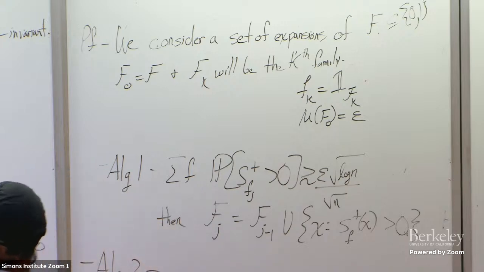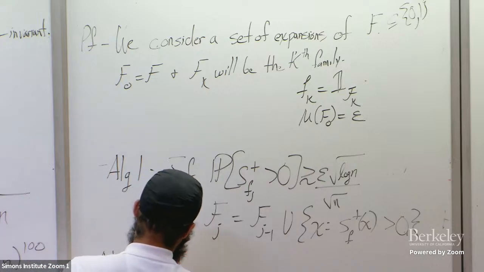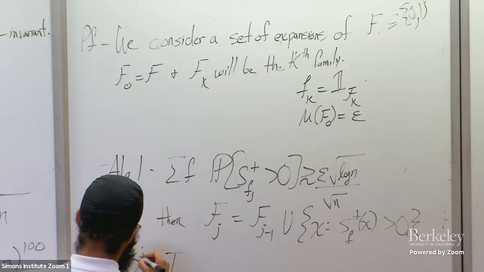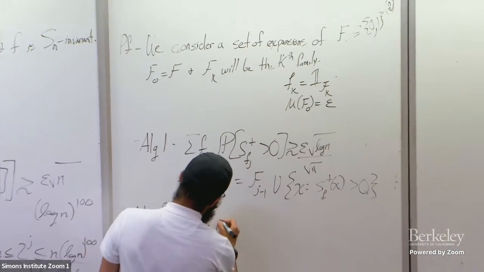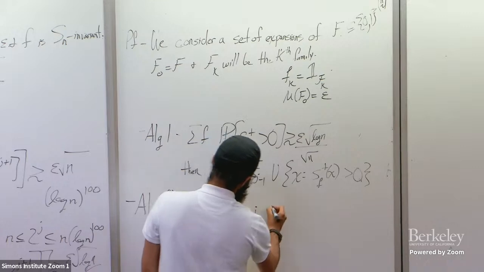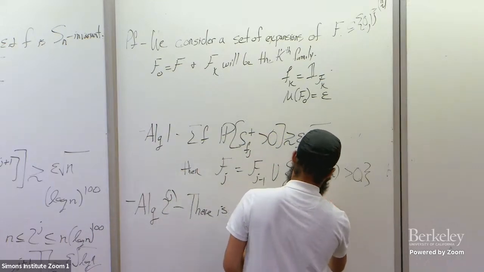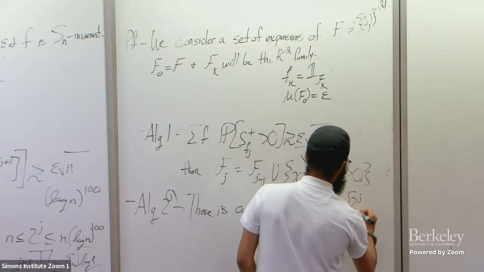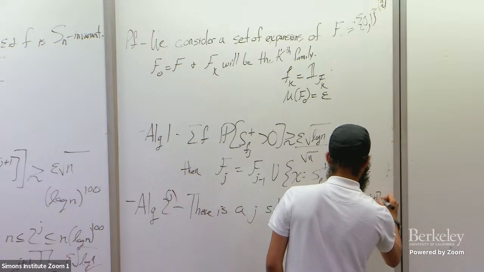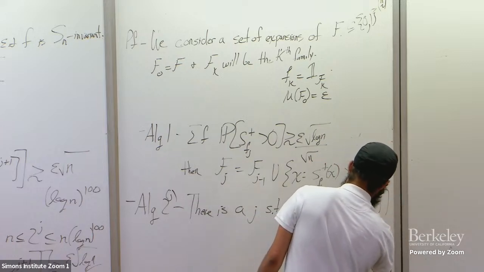The second algorithm will be, there is a j such that 2 to the j times the probability that Sf plus is in 2 to the j to 2 to the j plus 1 is bigger than this threshold I wrote earlier.